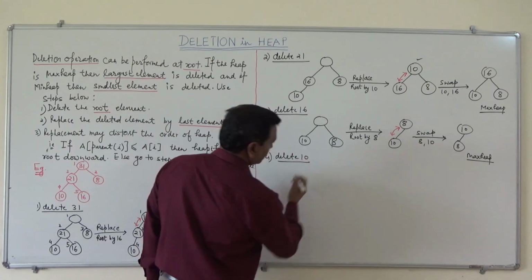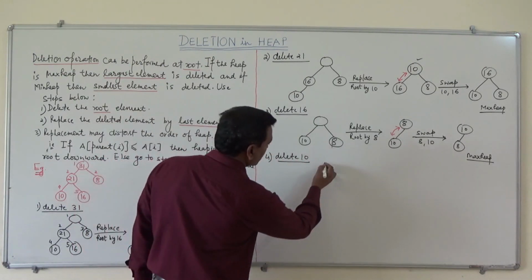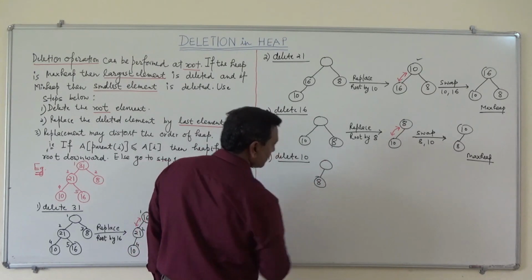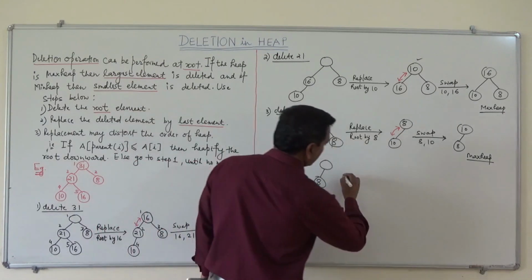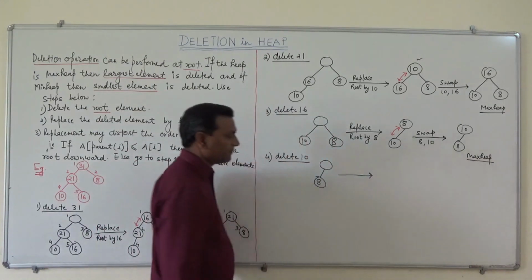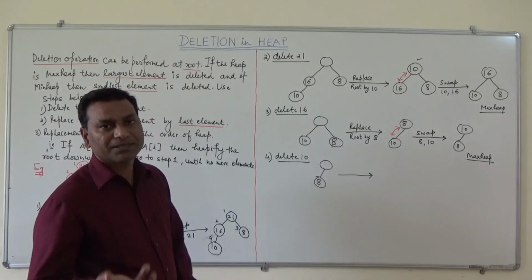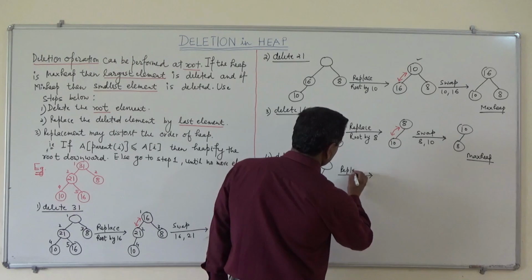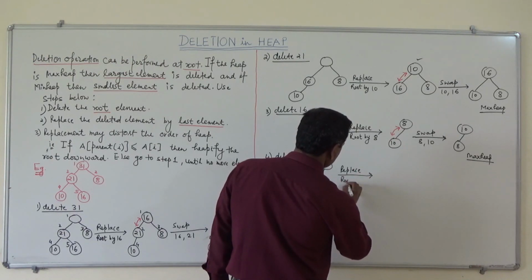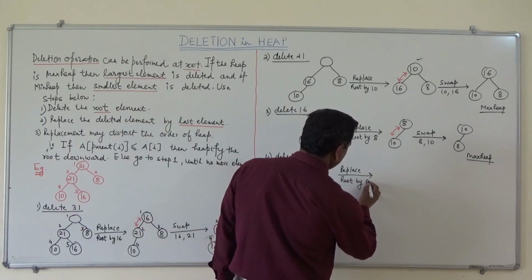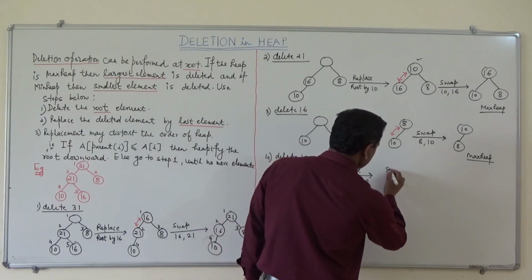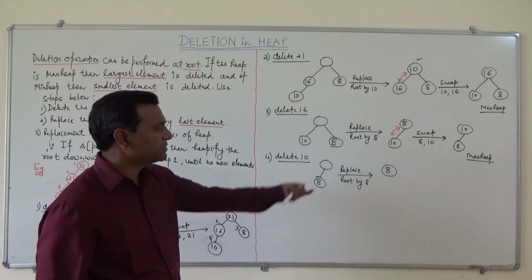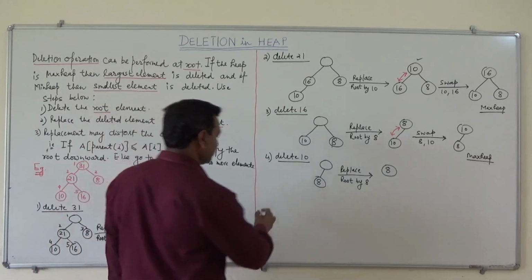Delete 10. So it comes out to be like this. Now replace the deleted element with the last element. So replace root by 8. So this will be like this, 8. Now 8 is the only element, so we will delete 8.